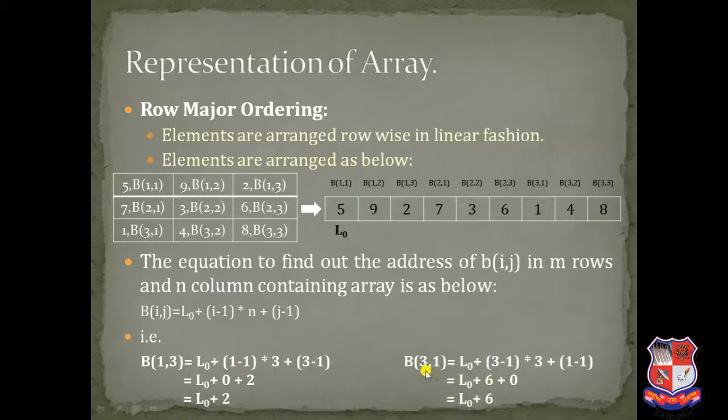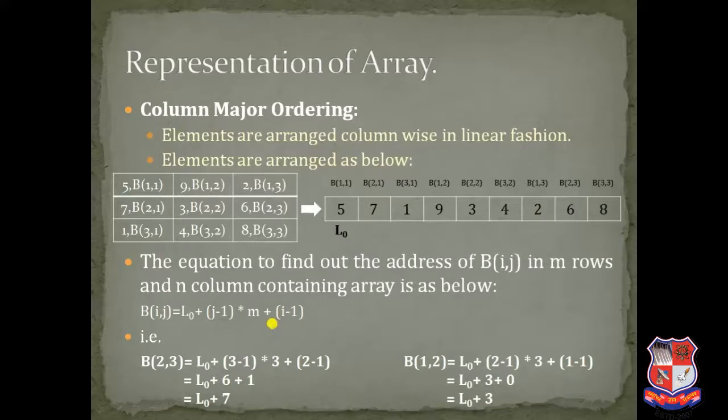That is, B31 represents the element 1. So if I move 6 positions from L0, 1, 2, 3, 4, 5 and 6, then I get the element B31 in row major ordering. So this is the equation for calculating the address of a specific element in row major ordering.